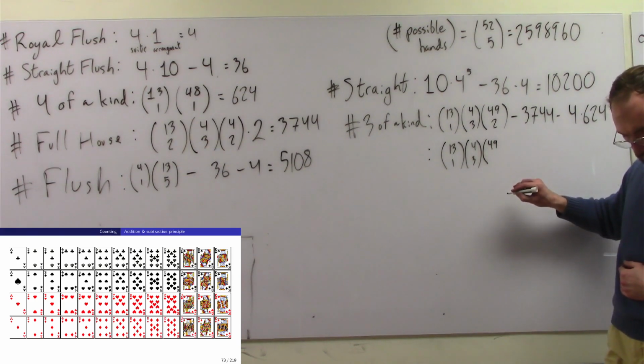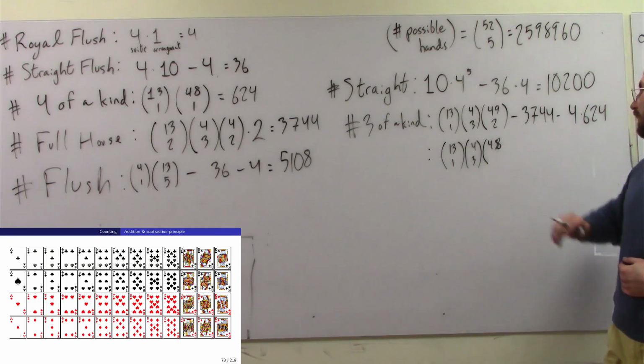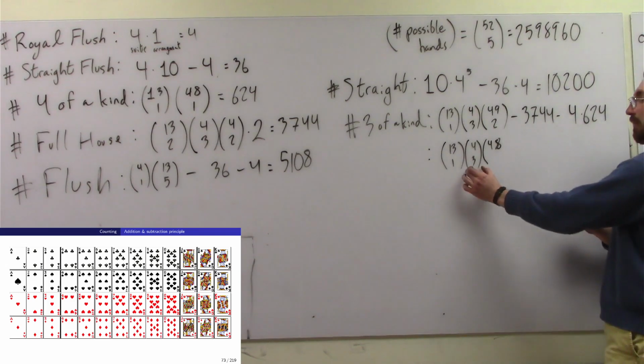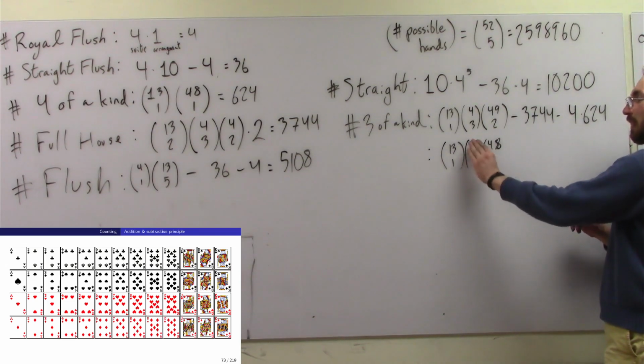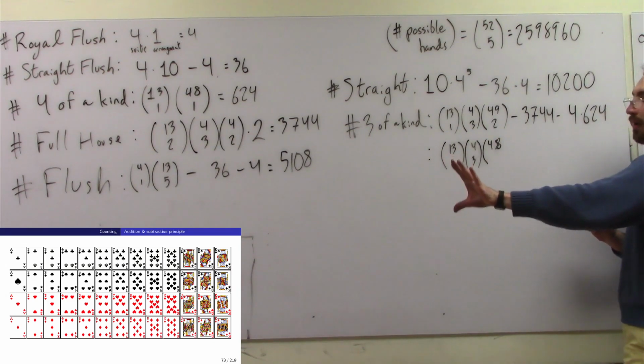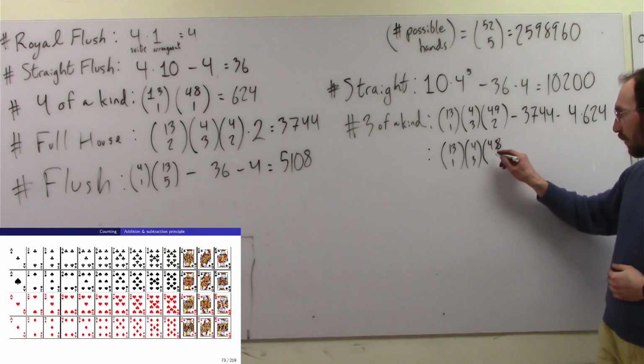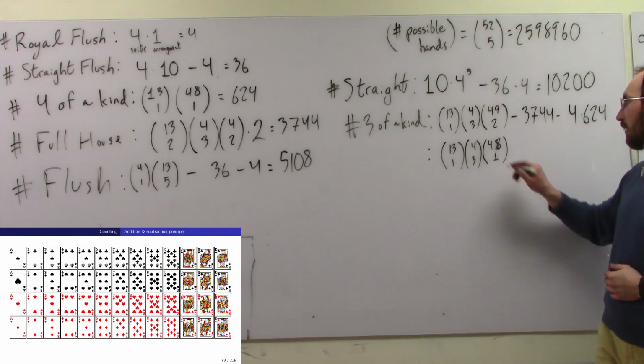Make sure I'm doing this right. 48, choose 1. Yes, thank you. Once we've picked our 3, we drop that 4th card from our discussion, because if we leave it in, we might get a 4 of a kind. So we get 48, choose 1.